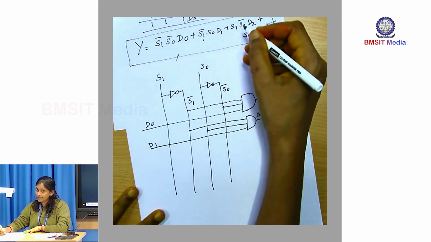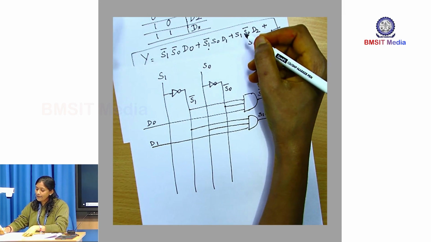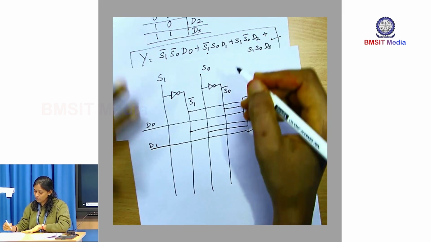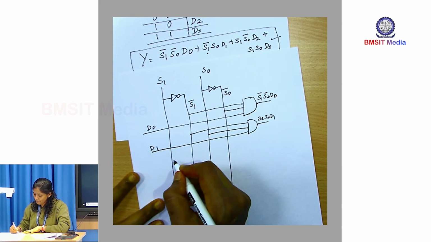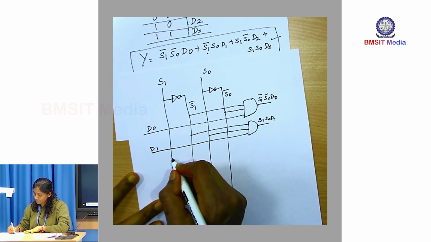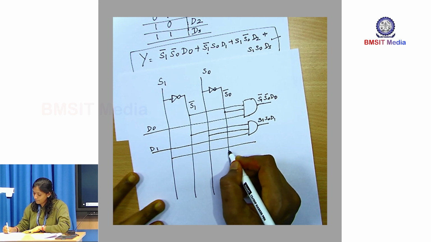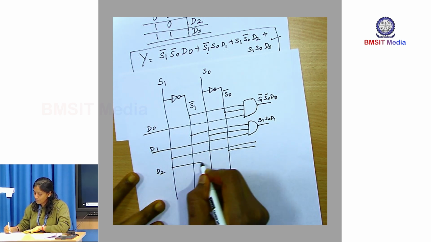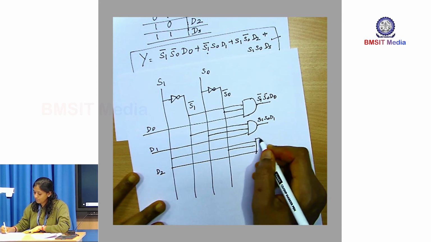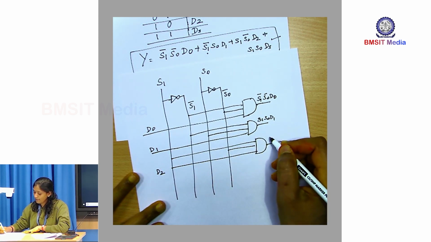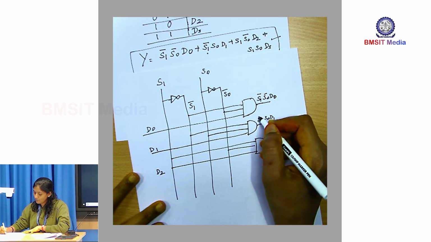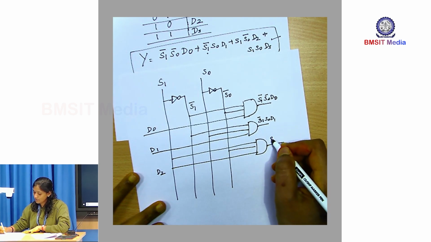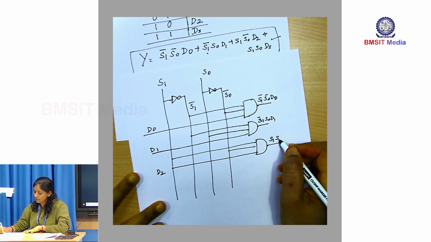Next, the third term is S1, S0 bar, D2. So, S1, S0 bar and, as the third input, D2. The output of this gate is S1, S0 bar and D2.